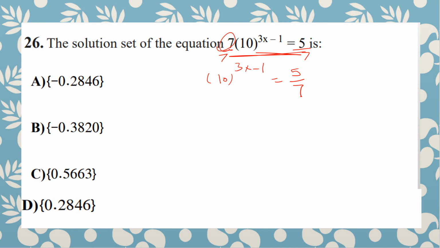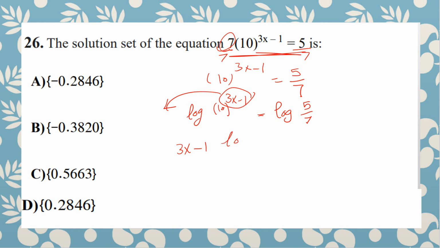So taking the logarithm of both sides, log of 10 to the power of 3x minus 1 equals log of 5 over 7. This equals 3x minus 1, as we bring the power before the logarithm, times log 10 equals log of 5 over 7. And here for this logarithm, the base is 10, and log 10 base 10 equals 1.